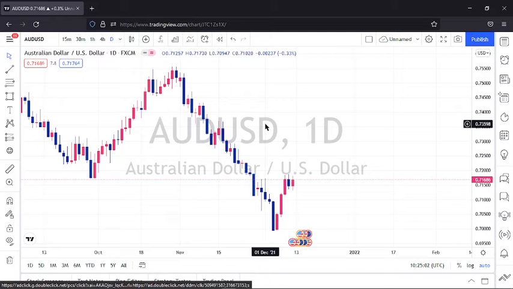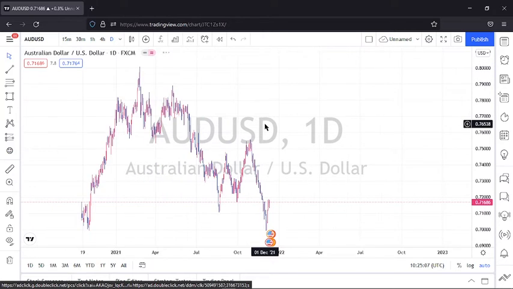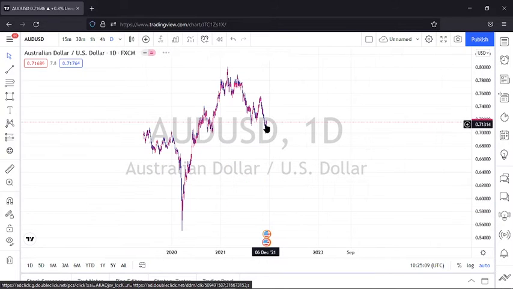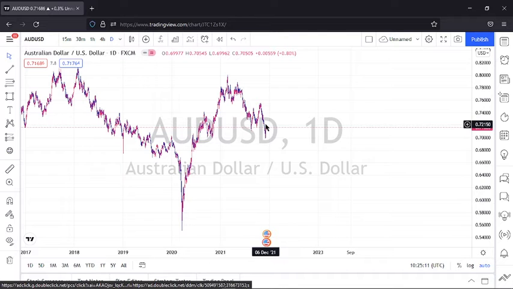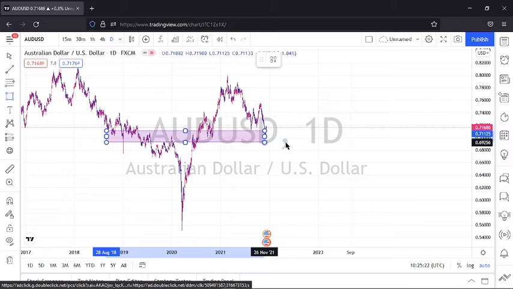So what's the first thing to look at here? We want to identify the nearest resistance zone and the nearest support zone. From this point, this is our support zone right here.